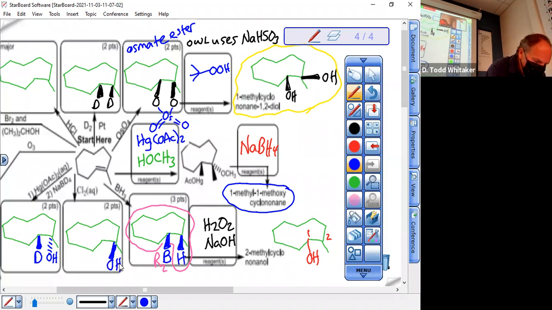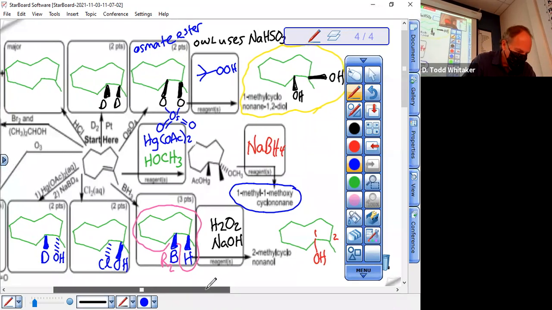Less electronegative halogen, Cl, ends up on the less substituted. They have to be anti because there's a triangle in the mechanism. They're on opposite sides of the ring because of the backside attack. And there we go. Moving along.